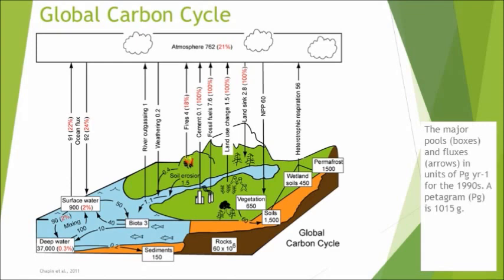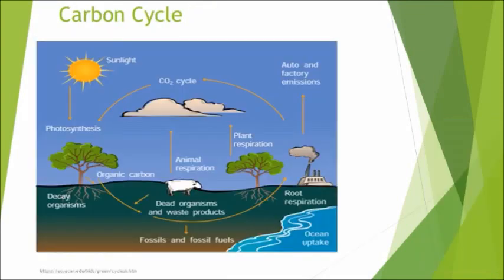Human carbon emissions from combustion of fossil fuels increased 40% from 1990 to 2008, according to Canadell et al. 2007. Land use conversion releases an additional 1.5 petagrams of carbon a year by biomass burning and enhanced decomposition.